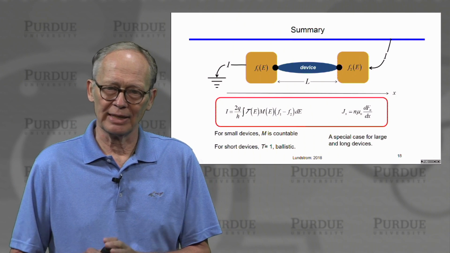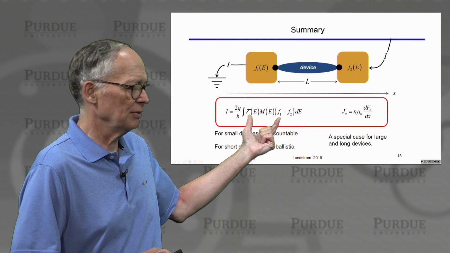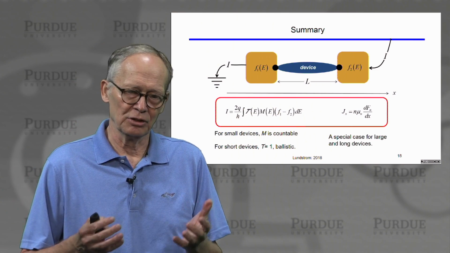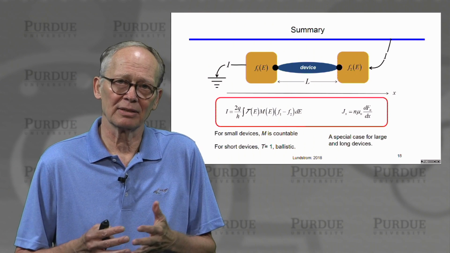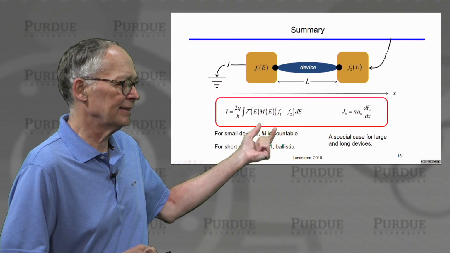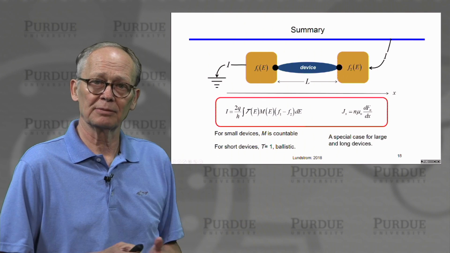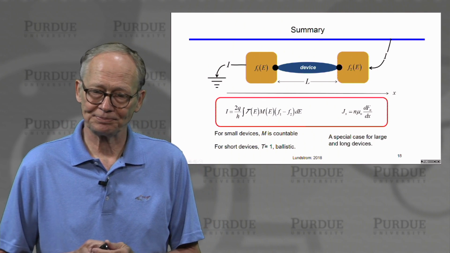Okay, so let's summarize. We have a general expression for computing the current in a two-terminal device. We can use that expression for small devices and describe phenomena like quantized conduction. On small devices, M is a small countable number, and if the device is short, the device is ballistic and the transmission is 1.